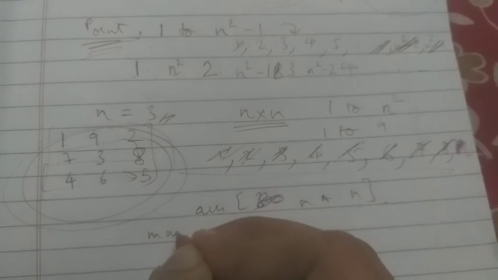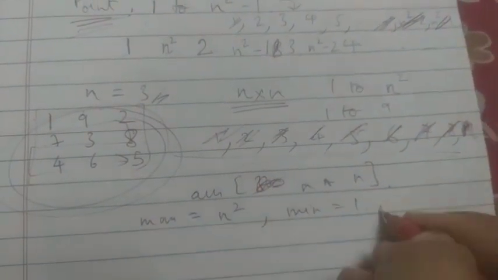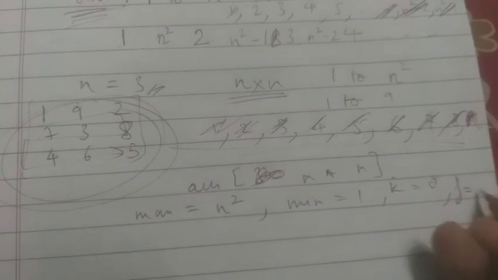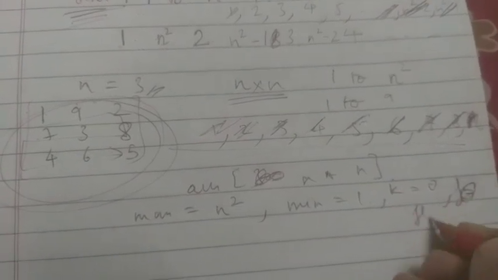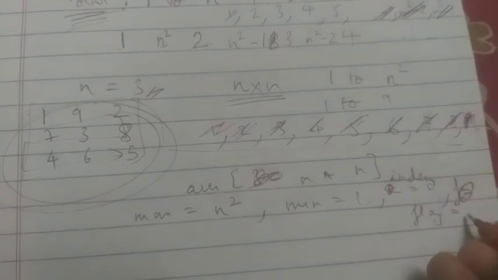So now in case you need the code for this, first thing you have to make an array of dimension n into n, and let's say max is equal to n squared and min is equal to 1, and you are going to insert, and let's say k is equal to 0, and index is equal to 0 and flag is equal to 0.